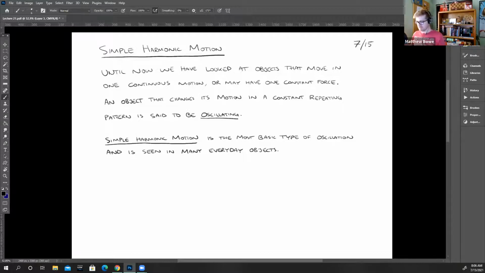Again, this is seen in a lot of everyday objects. Many springs follow this rule, along with pendulums and many clocks. What we're going to look at for this example is, imagine a spring. So I have this slinky here.